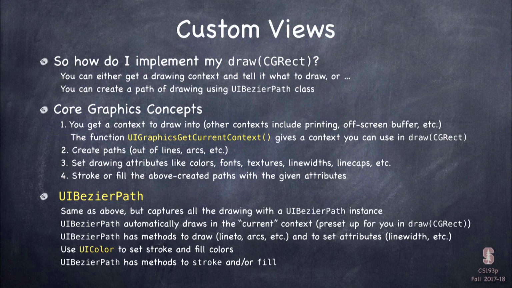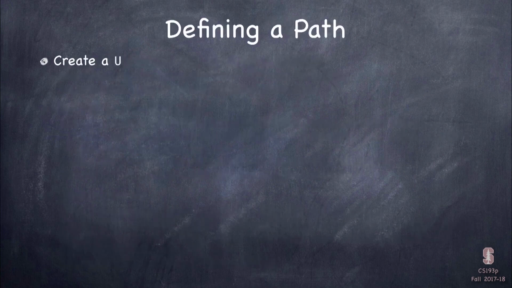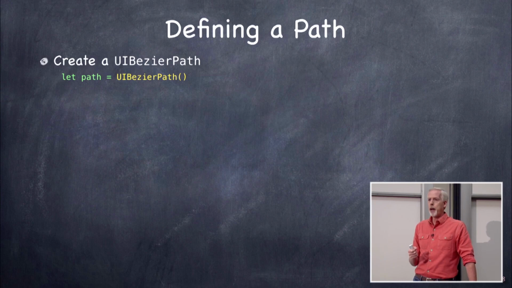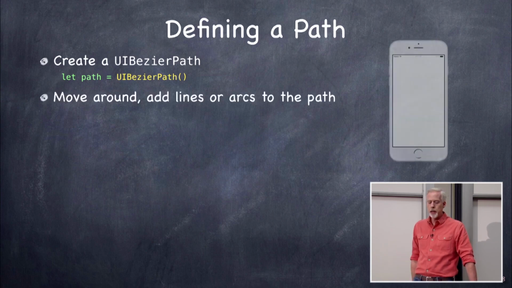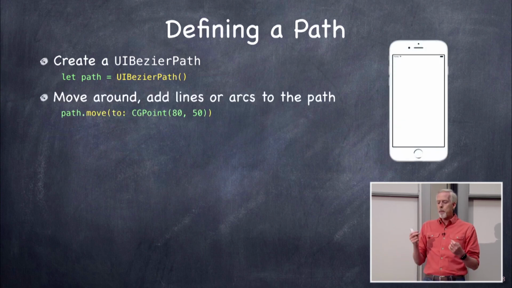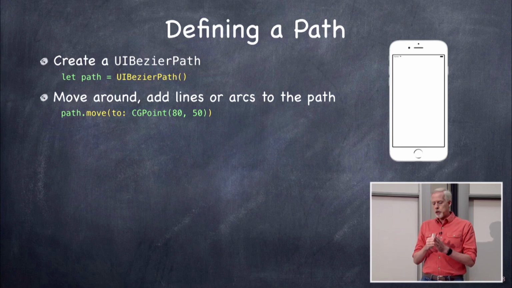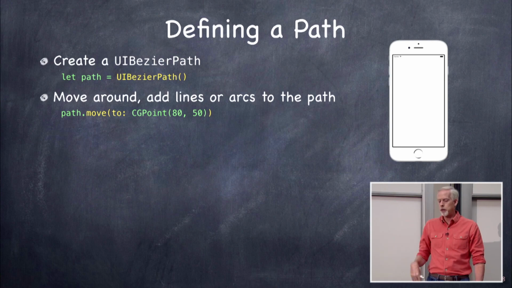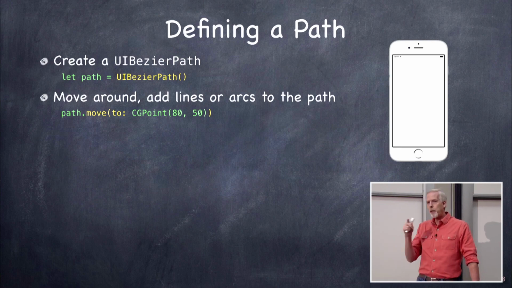So let's look at what the code looks like to draw a triangle using this mechanism. First I'm going to do it with UIBezierPath. I'm going to create a UIBezierPath. It has a lot of initializers, but I'm going to use the one that just creates an empty path. So it creates a new one, there's nothing in it. Now I'm going to move around. I'm going to start by moving to a point, that's 80 across and 50 down. Let's assume that this screen is 160 points across and 300 or 400 high. So I'm moving halfway across and 50 points down from the top.